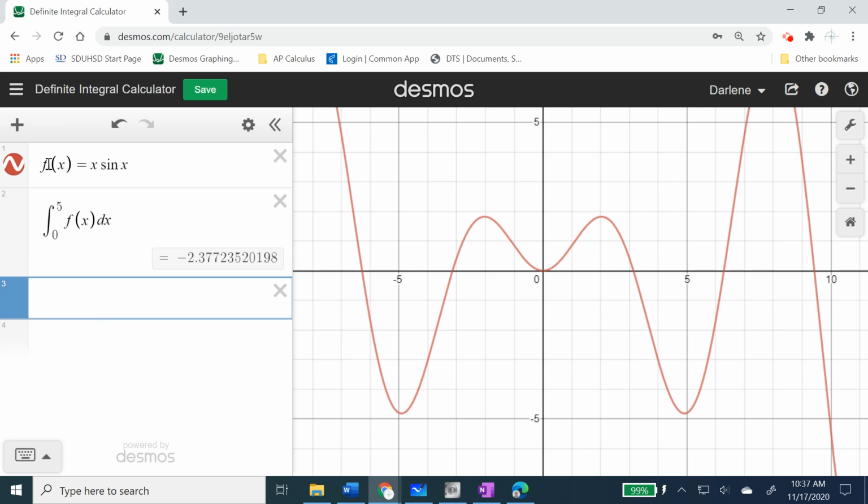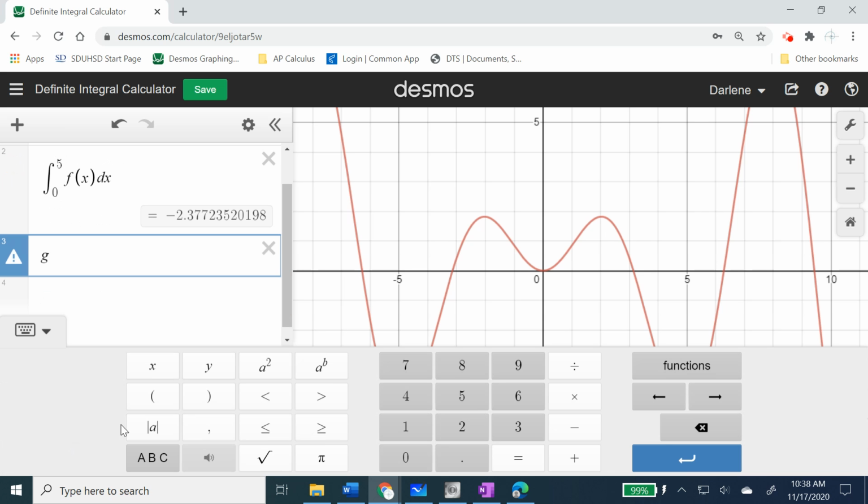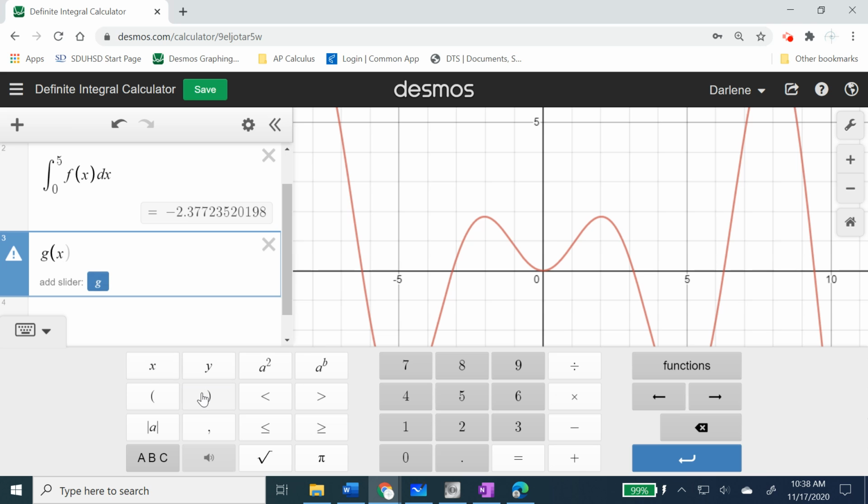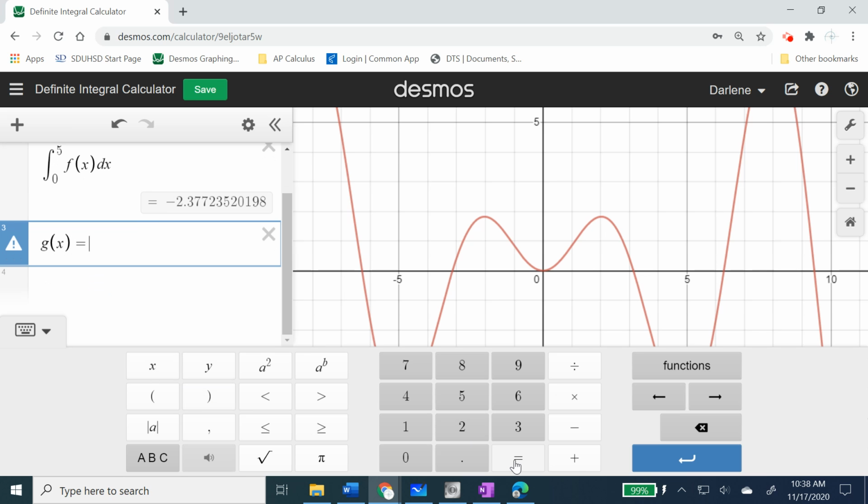So with Desmos, you can name the function and you can solve a definite integral. Now, what I'm going to do is I'm going to show you that you can literally just type whatever letter you want of x. You can even use the keyboard. You don't have to. Equals, and I'm going to throw in another function, just x, just to show it.